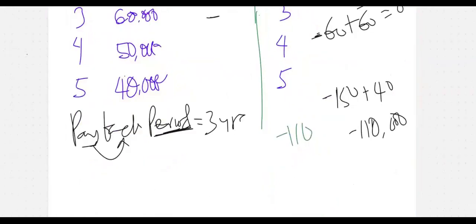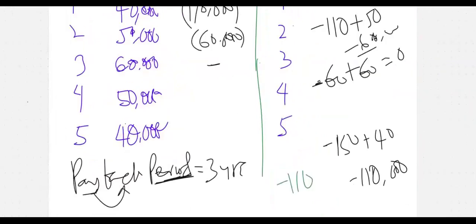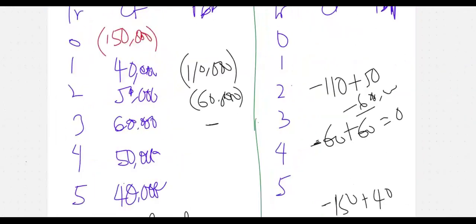That's for project A. So for a confirmation, I'm using yellow. When we add this 60,000, this 50,000, and this 40,000, it should give us 150,000. When we add the balance at the end of year three, which is 0, to the cash flow of 60,000 for year three, 50,000 for year two, and 40,000 for year one, it should give us 150,000.